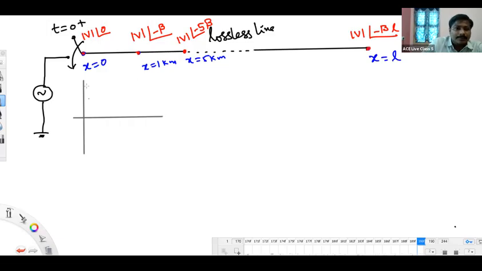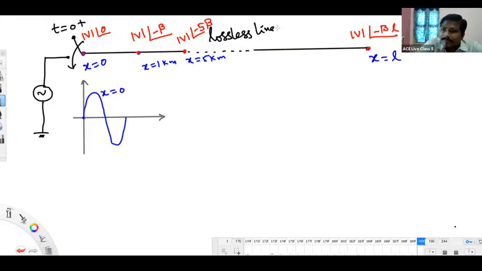The x equals 0 voltage waveform will be like this.